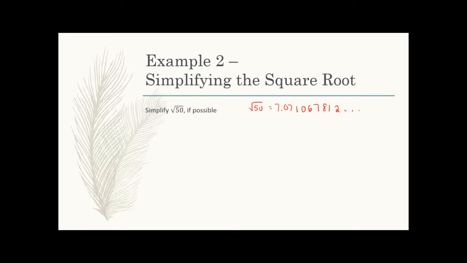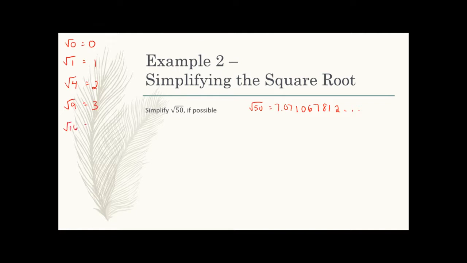We're going to split up 50 using things that we know we can take square roots of. So I'm going to make a little chart here. The square root of 0 is 0. Square root of 1 is 1. Square root of 4 is 2. Square root of 9 is 3.